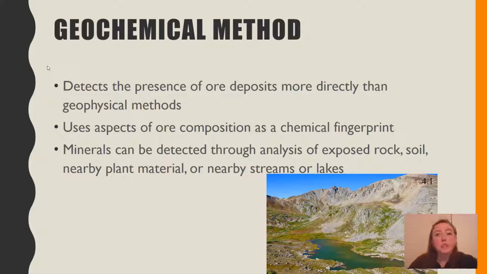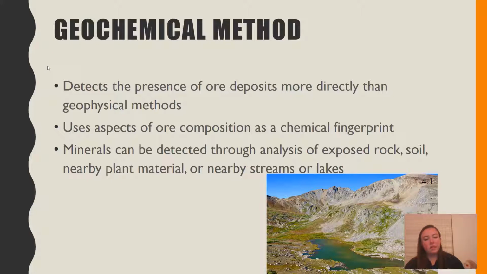Okay, next is the geochemical method. A geochemical method detects the presence of ore deposits more directly than geophysical methods. This is done by using an aspect of its unusual composition as a chemical fingerprint. Although these deposits are not on the surface of the target area, they may be surrounded by low levels of mineralization dispersed over wide areas.